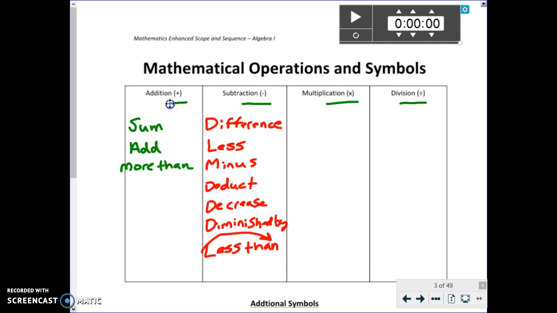When we say diminish by and decrease by, that actually gives me a few more that I can add up here under addition. So we could have increased by. We could have the word plus, which is often what we say when we see the symbol for addition.